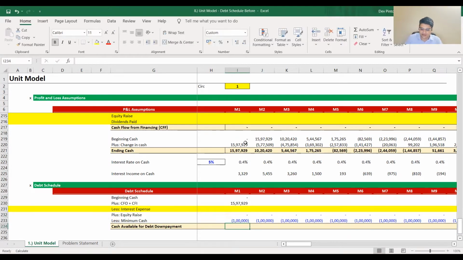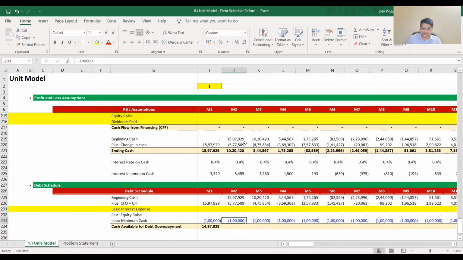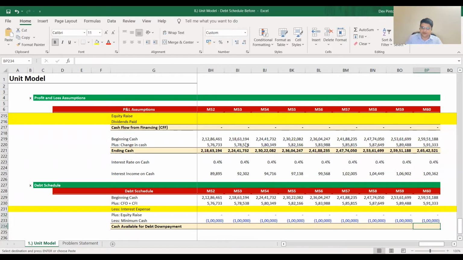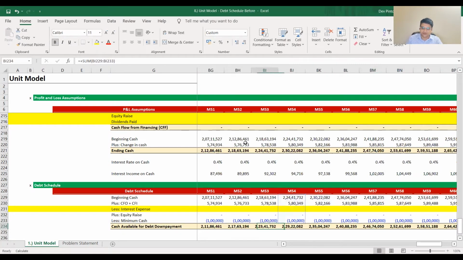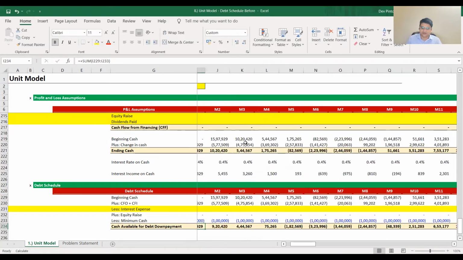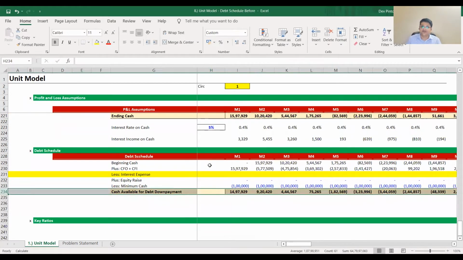This will be nothing but a sum of all these line items. Let's just drag and drop these here. This is the cash that I have available for debt down payment.